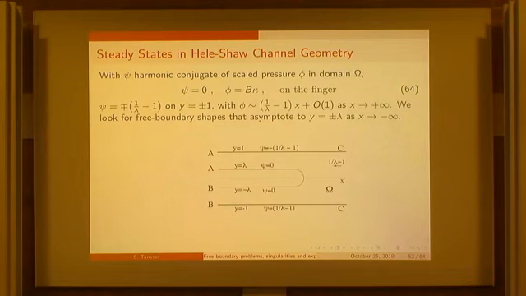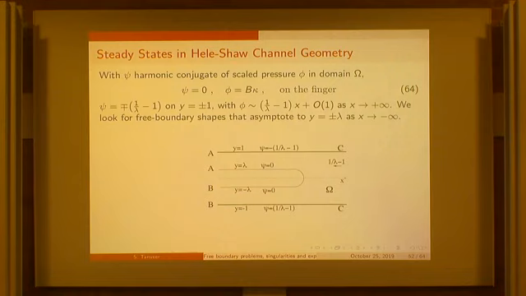So now let's go to the steady state problem. In this problem also, we'll see the limit b tending to 0 is not the same as b equal to 0. In fact, this was settled some time back. Now, let's look at a steady problem.